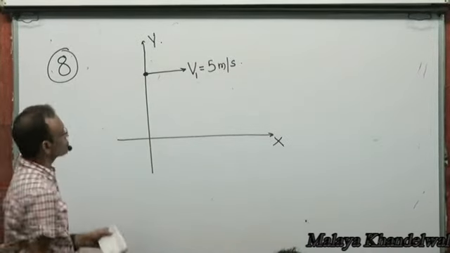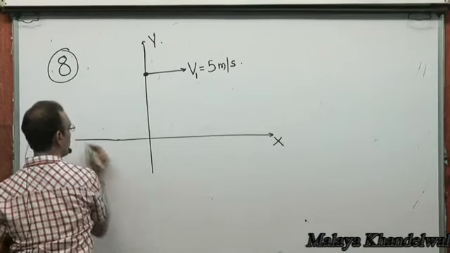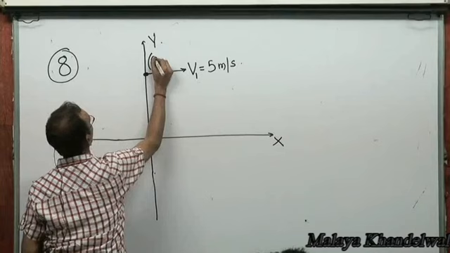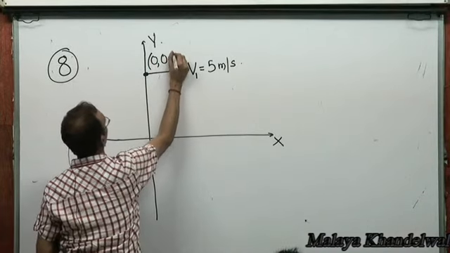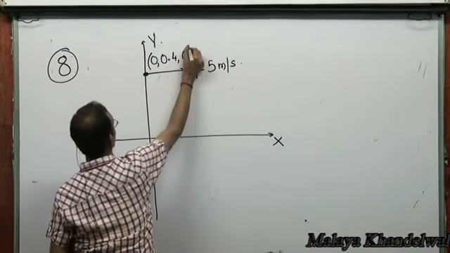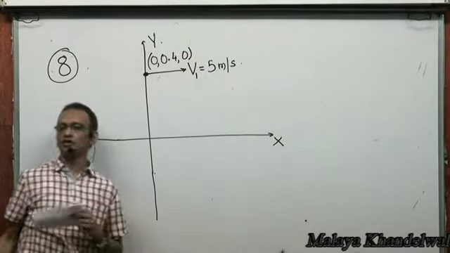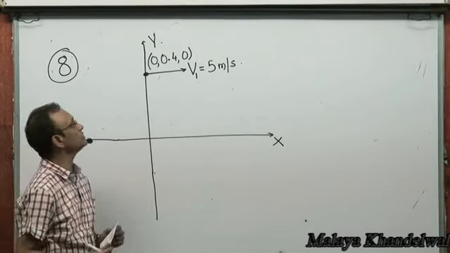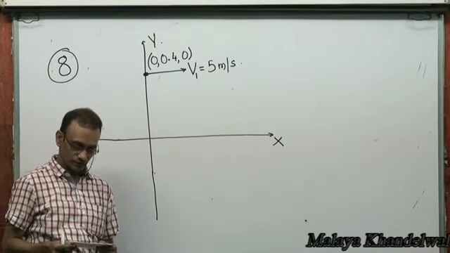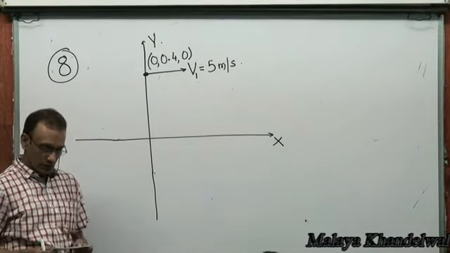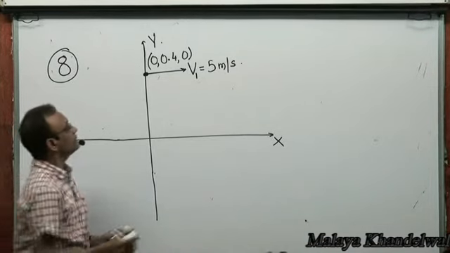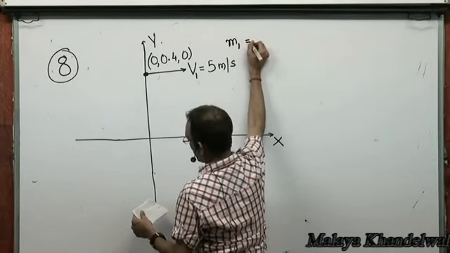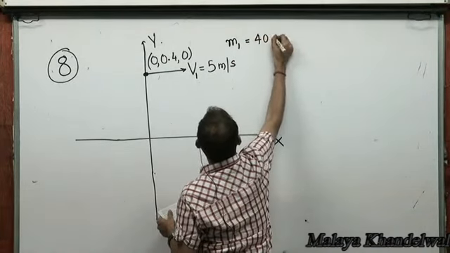And at time t equal to 0, it was at a point 0, 0.4 meters, 40 centimeters from the origin on the y-axis. And the mass of this particle was 40 grams.